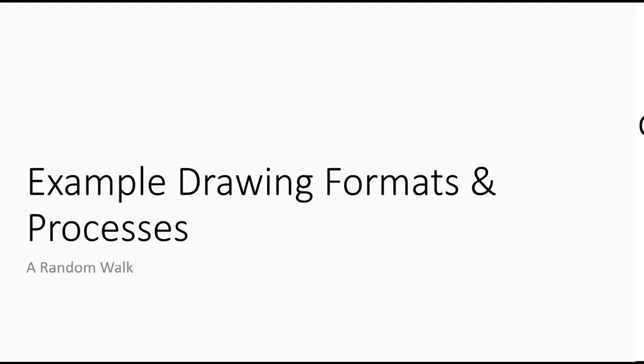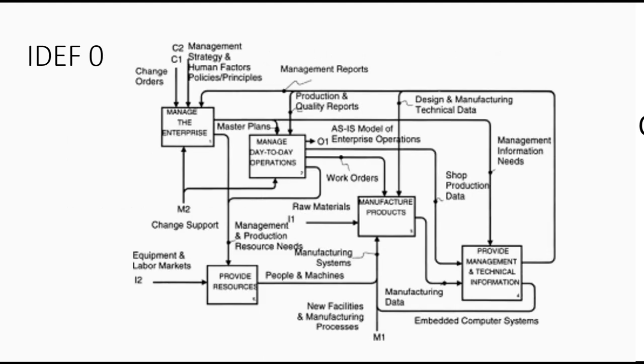Here's some example drawing formats and processes. Here's IDEF 0, which was once how you defined processes, but it was really never for that. It does something more like define capabilities. In IDEF 0, you're supposed to use an 8.5 by 11 page, and you're not supposed to have more than 6 items on a page. Look at this. It's so clear. It makes everything clear, what the outputs are, what the inputs are.